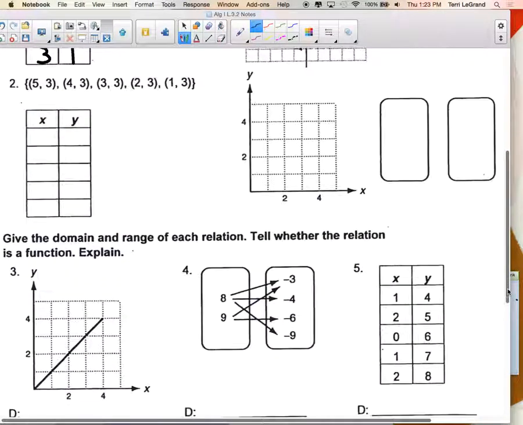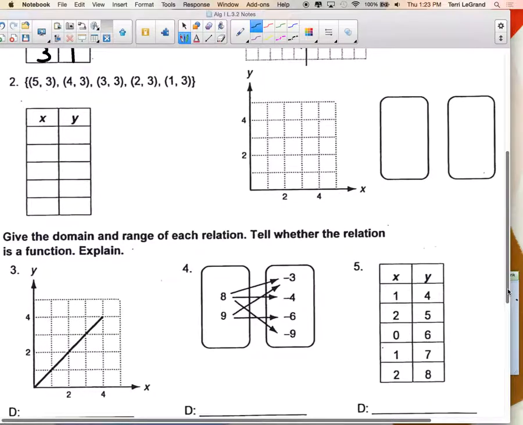Okay, let's do one more of these then. Go ahead, fill in the table, fill in the graph, fill in the mapping diagram.